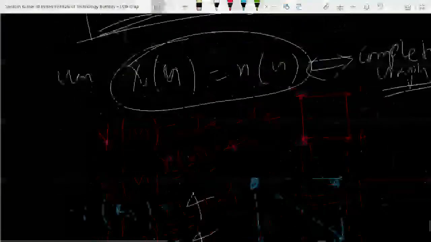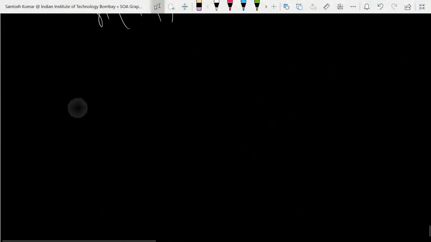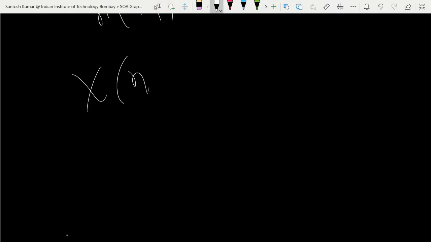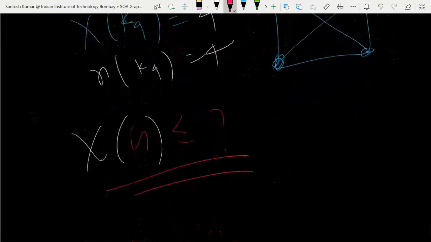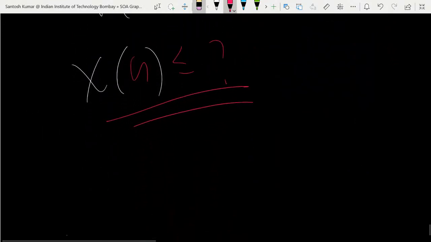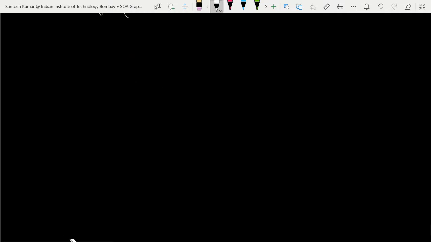Actually, the main purpose is to find a better upper bound, like chromatic number of a graph is less than or equal to some number. The number of vertices is an upper bound, fine, but we want to get a better one.